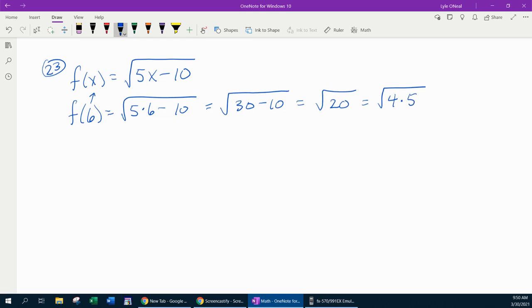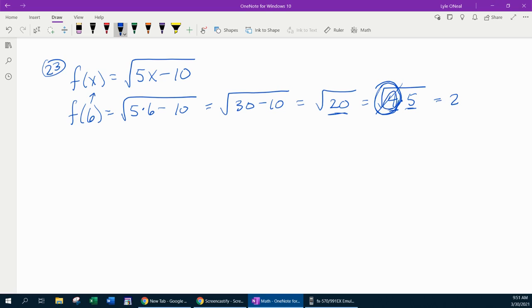So 4 times 5 is 20, and 4 will square root. So this is the way that you simplify radical expressions to lowest terms. If your number doesn't square root, then you find factors of that number where one of the factors is a perfect square. And then we can say, well, the square root of 4 is 2.